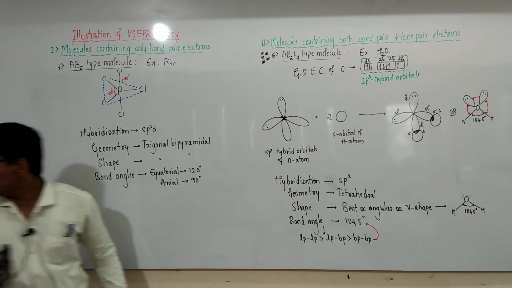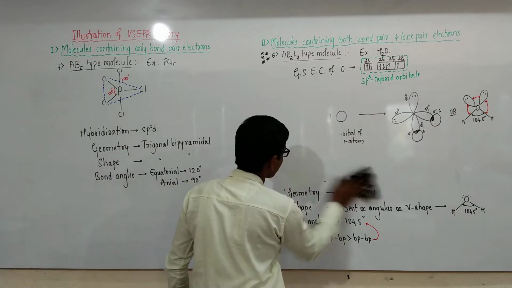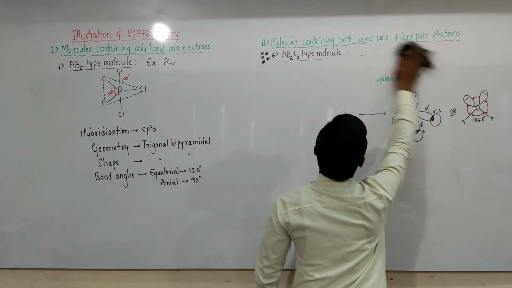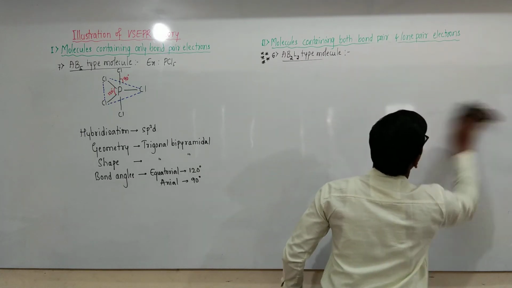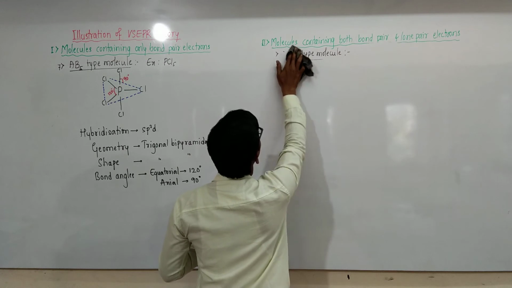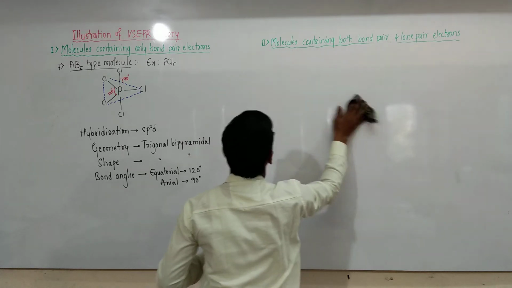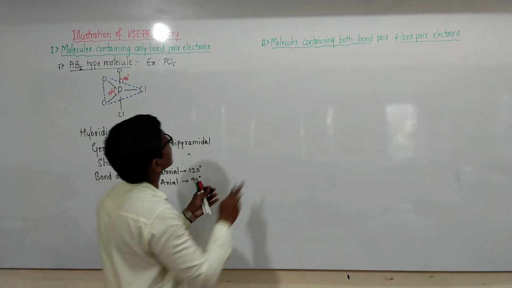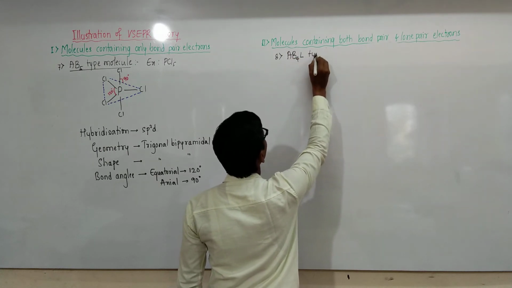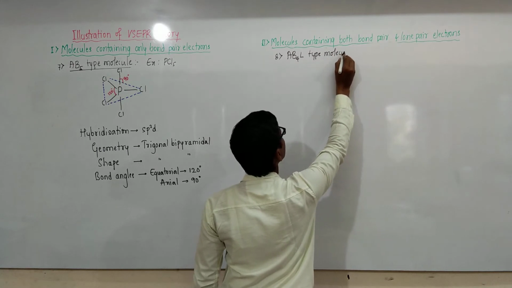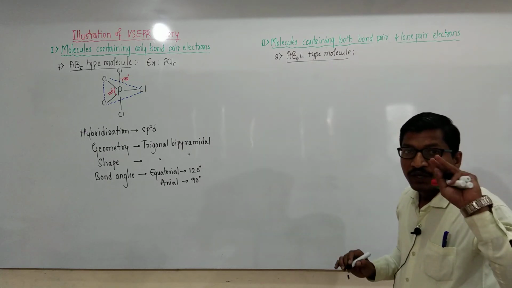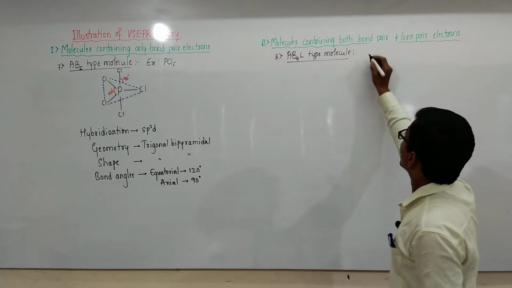Next example is the AB4L type of molecule. The 8th one is the AB4L type molecule, which contains 4 bond pairs and 1 lone pair.